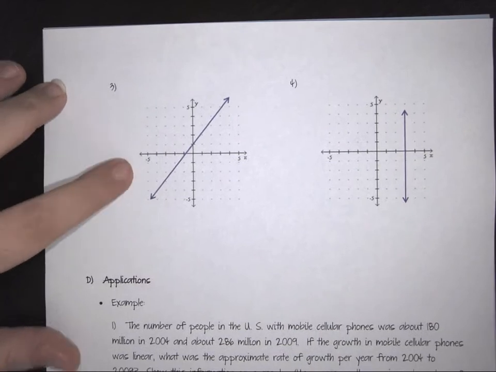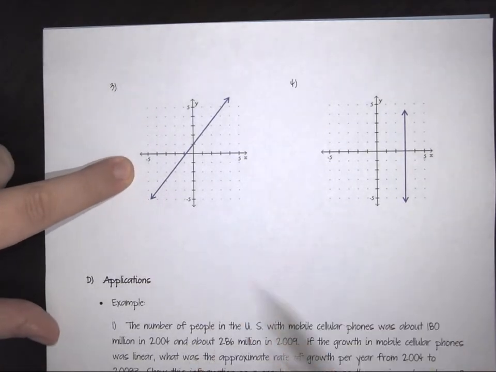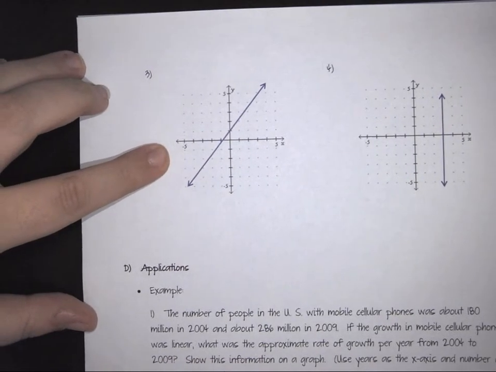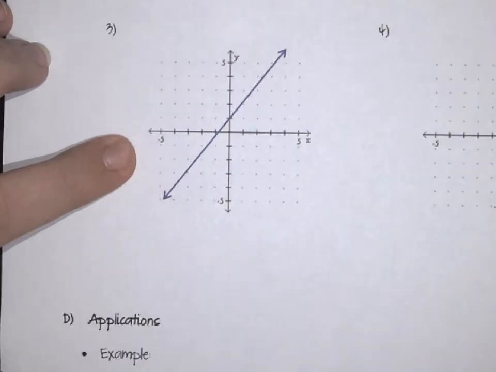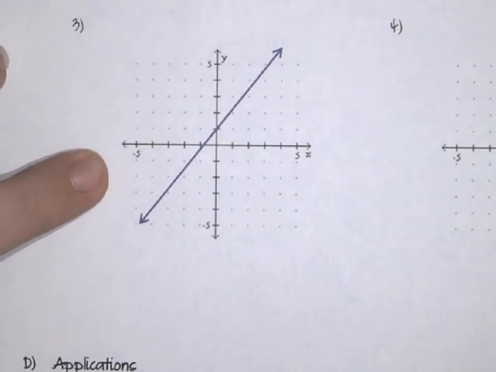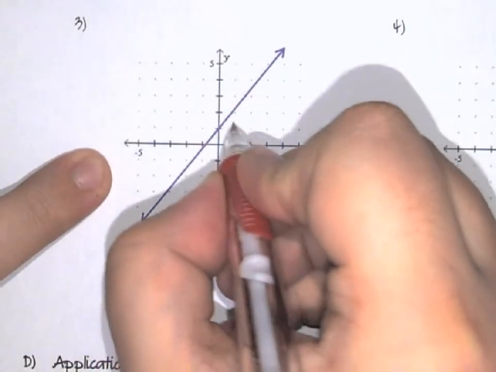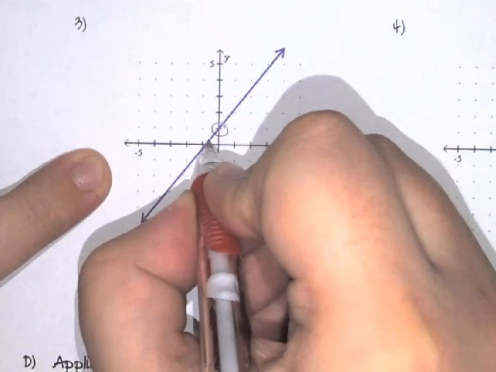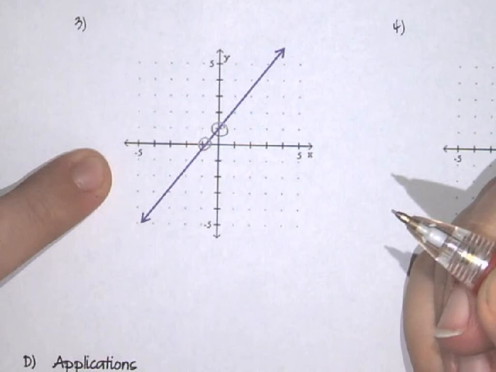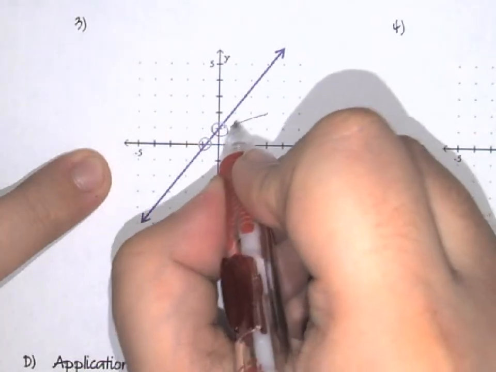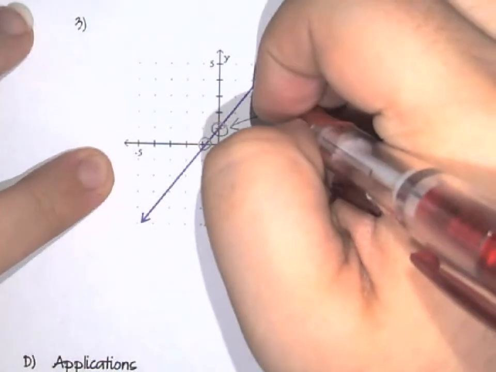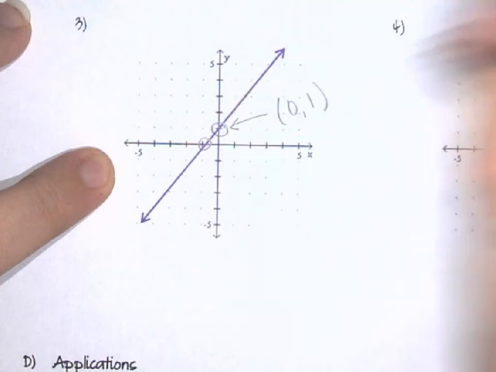Alright, let's look at a couple others. So again, here, you can see that we definitely are crossing through our 2 points here. This first point is going to be at the point 0, 1.